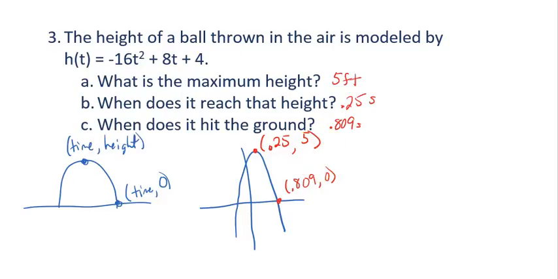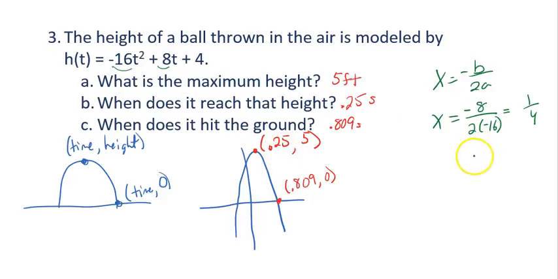Once again, I want to point out that x equals negative b over 2a will get you the same things. So if you wanted to get that maximum value, now this gets the maximum, not the 0, by the way. That maximum value, your a is the negative 16 and your b is the 8. So negative 8 over 2 times negative 16 will give you 1/4, which is 0.25.